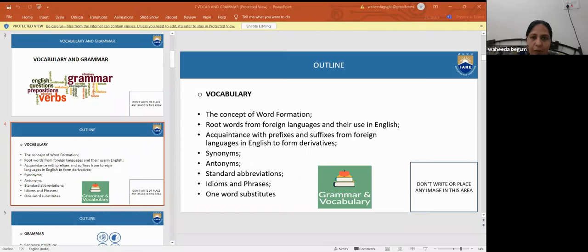For example, if you are blogging, writing an article, making a manuscript, or doing precis writing, making a big paragraph concise into a 4-line paragraph, you do not use the same words or sentences that you use in verbal communication. So this verbal vocabulary is different from your written vocabulary.